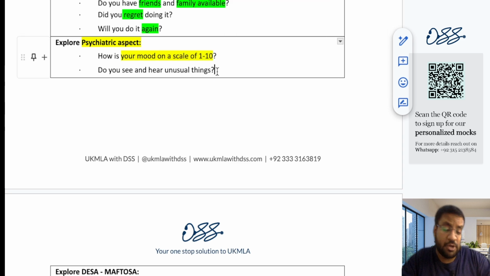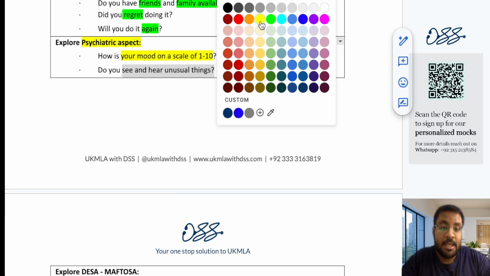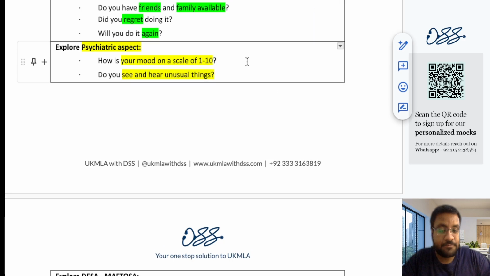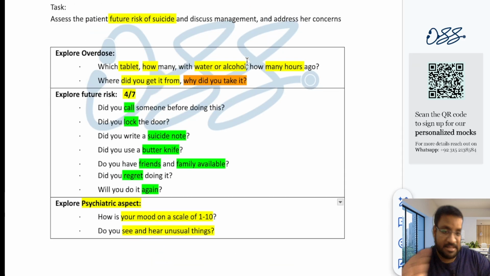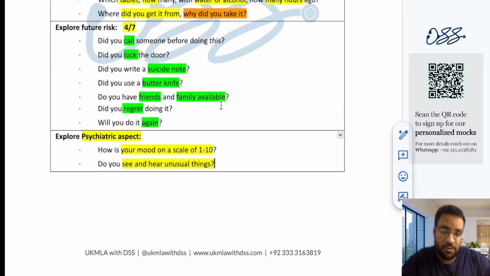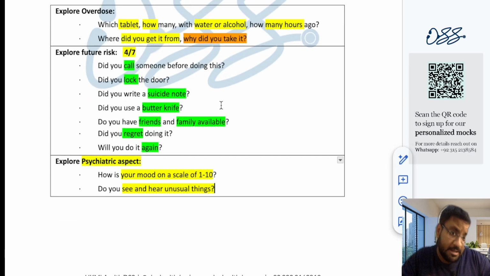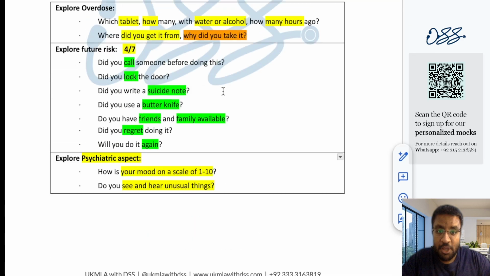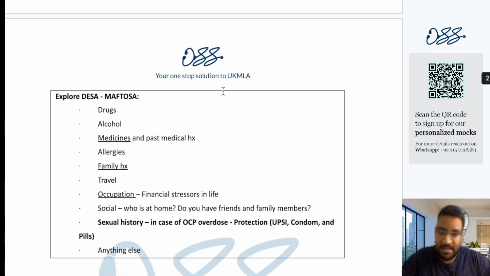And then you're going to explore the hallucination: do you see or hear anything that may not be usual or that may not be seen by others? So these three layers are very, very important. The psychiatric aspect is already clear. We have talked about it in detail in the previous lectures as well. So I'll move on to the next layer.